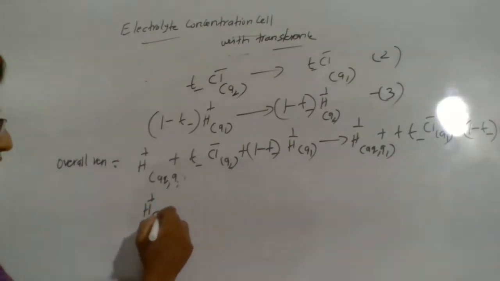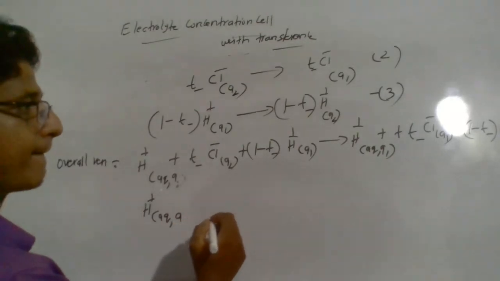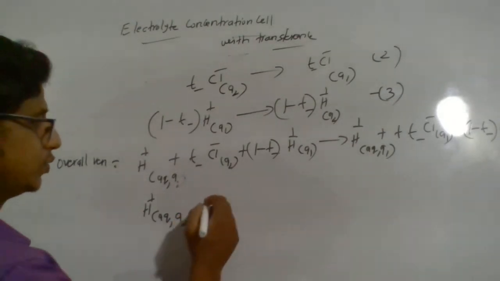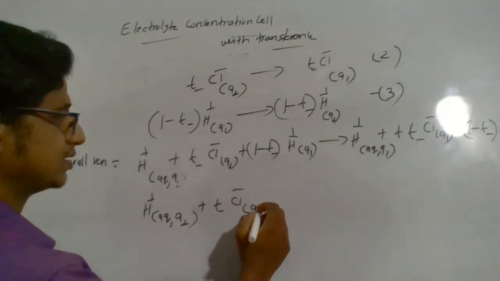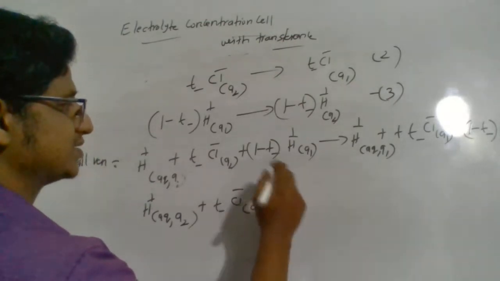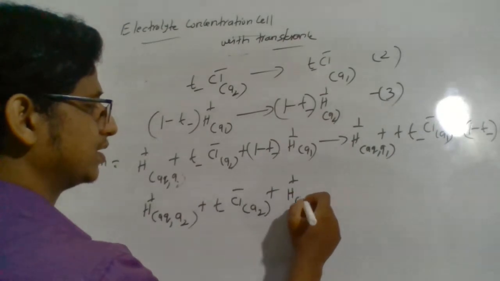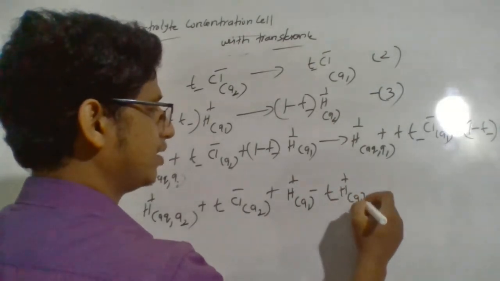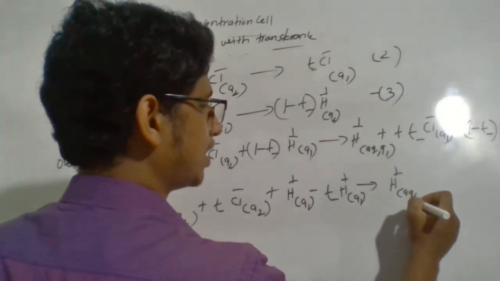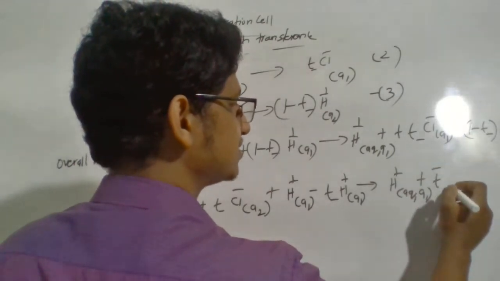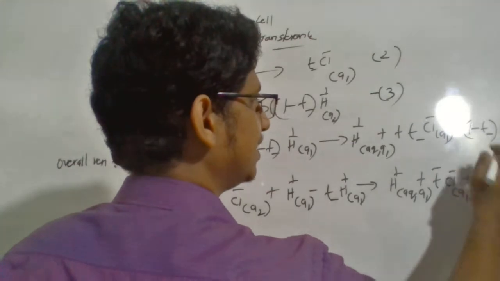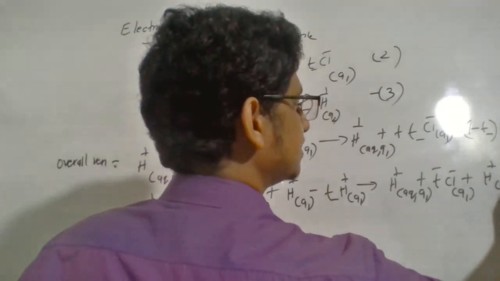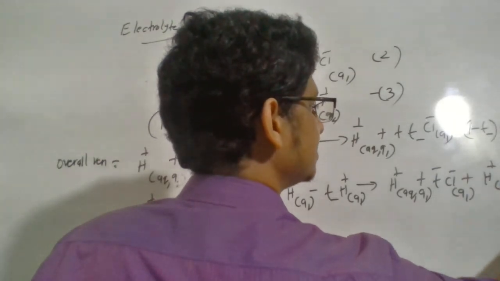It will be H plus aqueous A2 plus T minus Cl minus A2 plus 1 into H plus A1 minus T minus H plus A1 gives H plus aqueous A1 plus T minus Cl minus A1 plus H plus A2 minus T minus H plus A2.